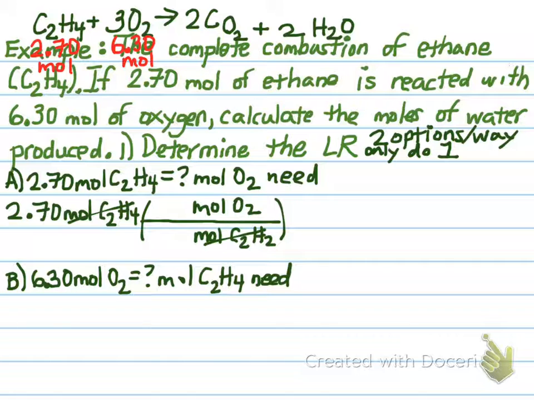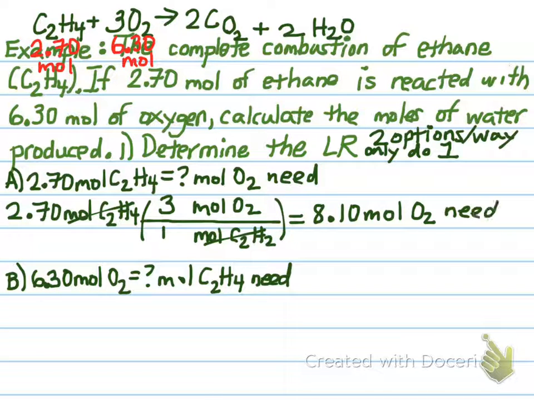And my numbers come from my coefficients. So my coefficient on oxygen is 3, and on ethane it's 1. On my calculator, I take 2.7 and multiply it by 3. I want to have 3 significant figures. So 8.10 moles of oxygen we need.